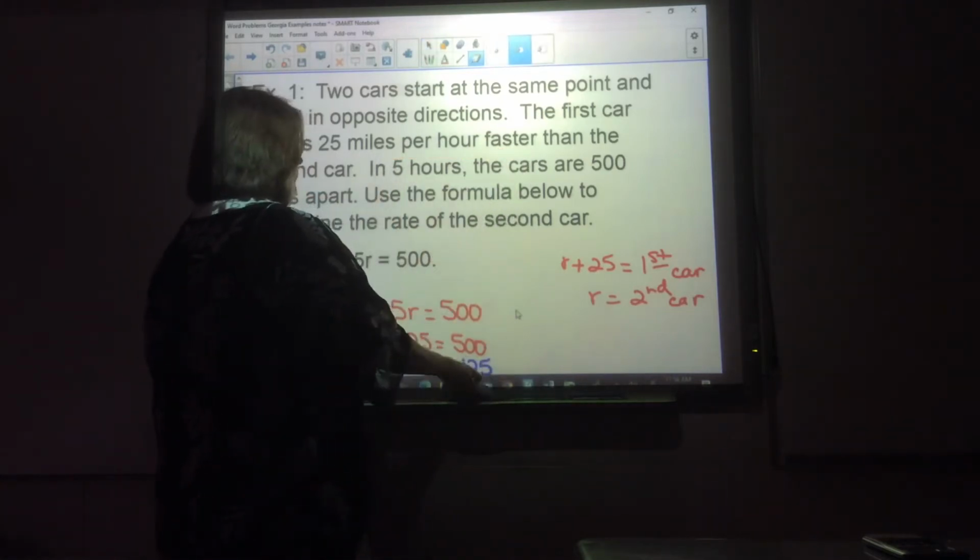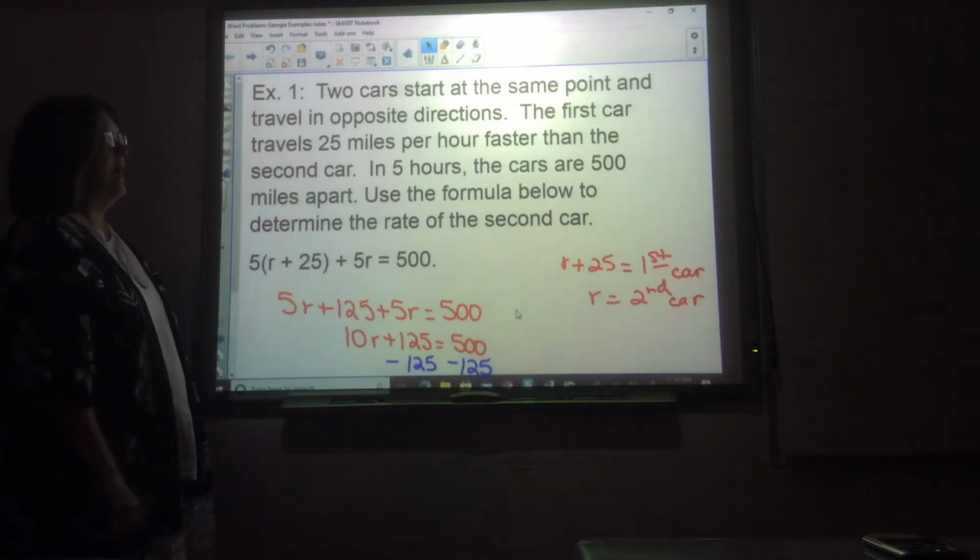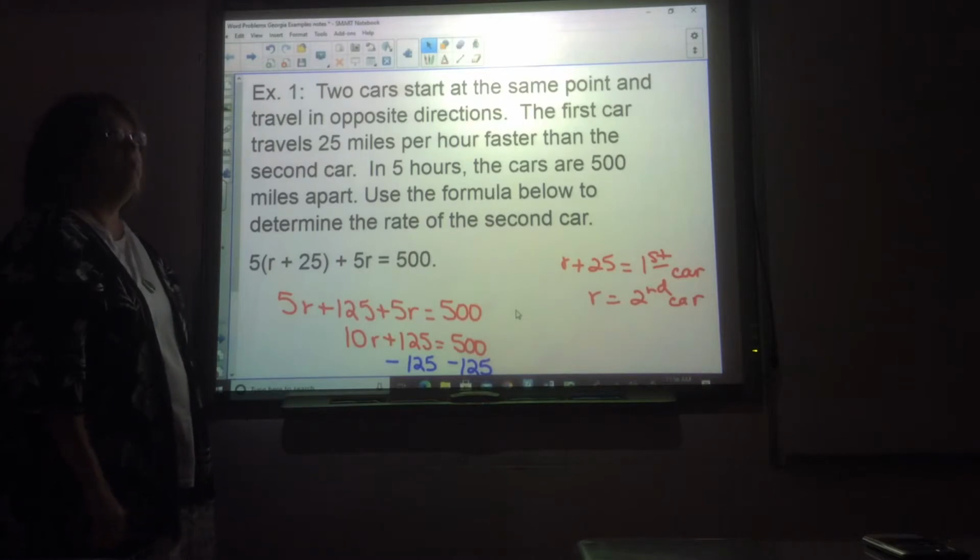Now, the first car travels 25 miles per hour faster than the second car. Whenever they're telling you information, and you're trying to figure out where the variable goes, the variable goes with whatever it is that you know nothing about.